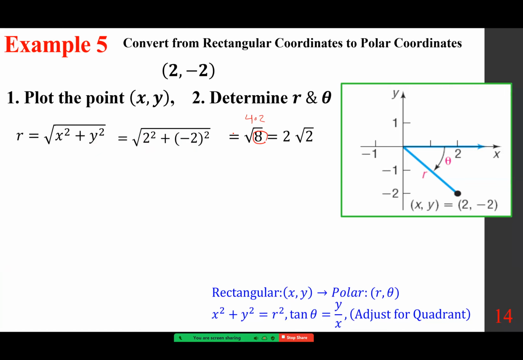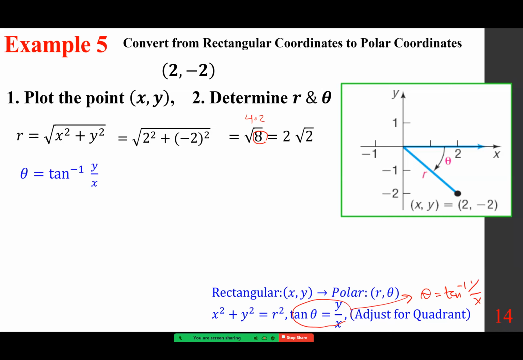What is theta? Tan theta is y over x, so theta is tan inverse of y over x. That indicates that theta must be tan inverse, and you have to figure out the quadrant.